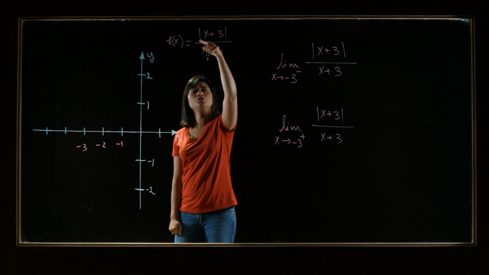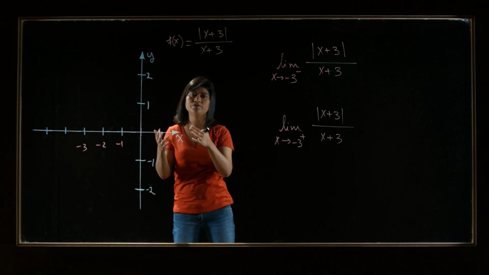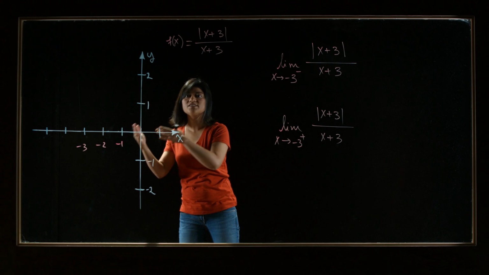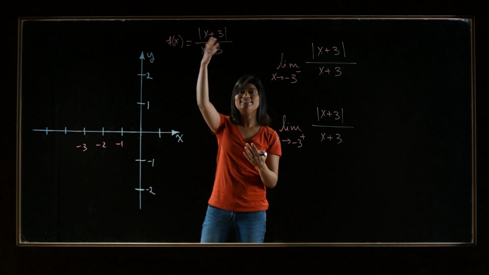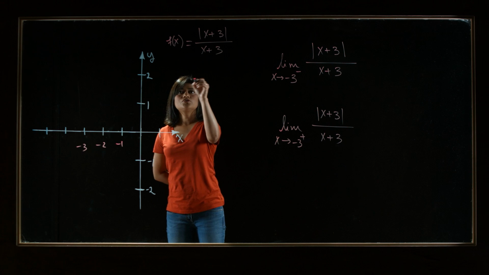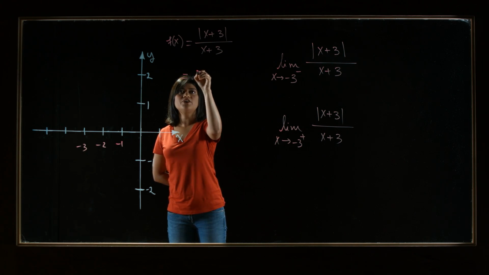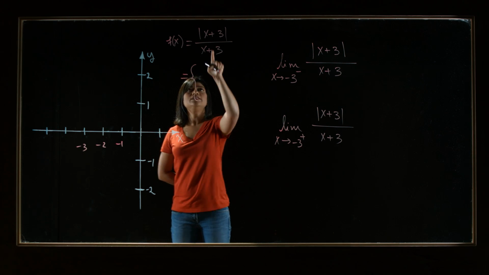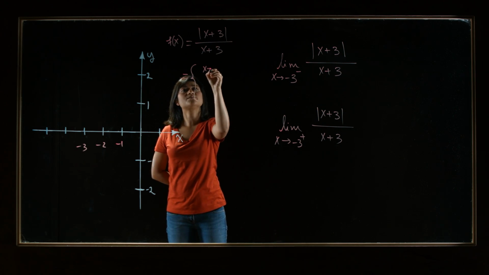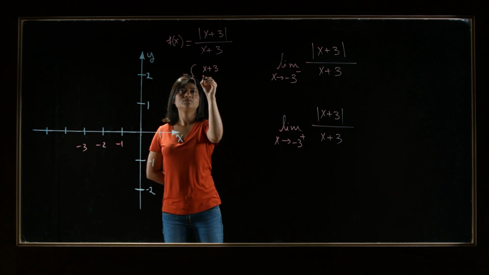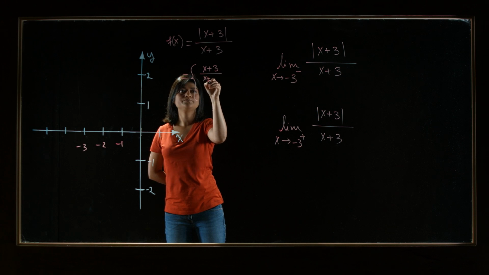Now this is an absolute value. The absolute value gives you either a positive or a negative factor depending on what is inside of it. So let me rewrite this function this way. The absolute value of x plus 3 will be a positive x plus 3, divided by x plus 3.